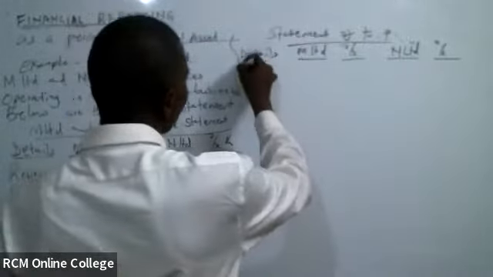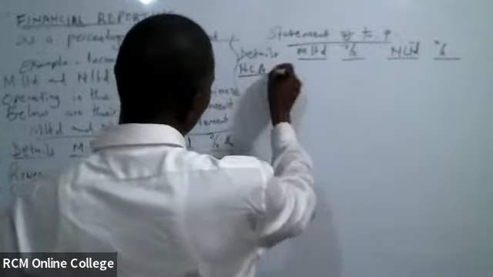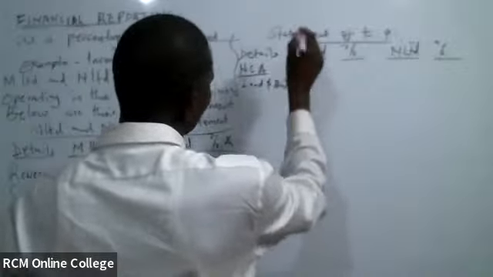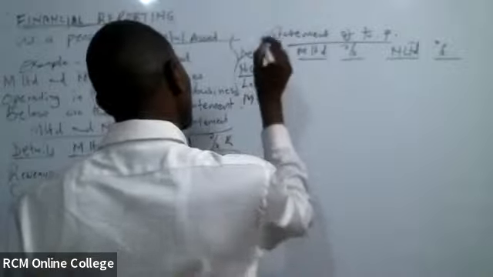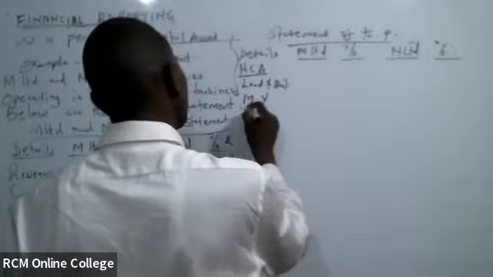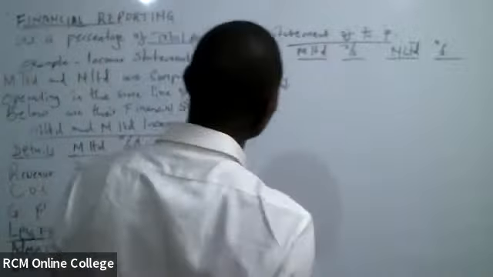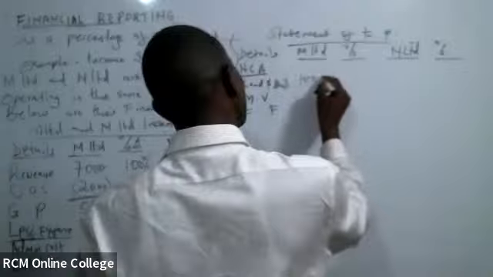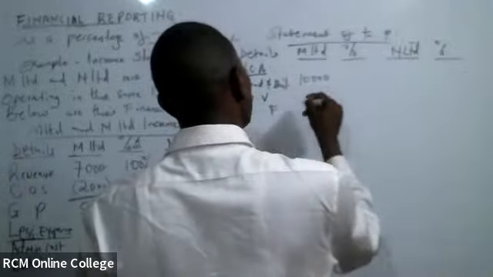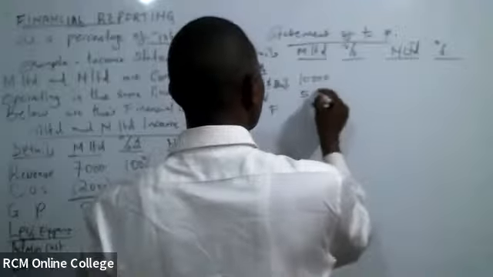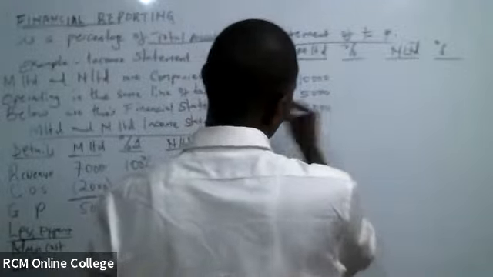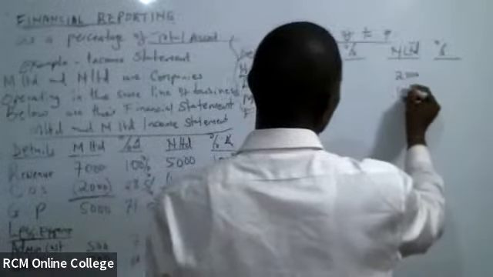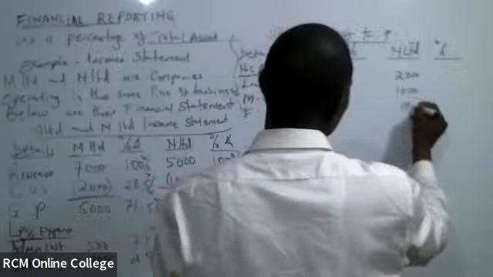At this point, I can have the non-current assets: land and building, motor vehicle, furniture and fitting. Land and building for M limited is 10,000, then 5,000, 2,000, 1,000, 1,000.